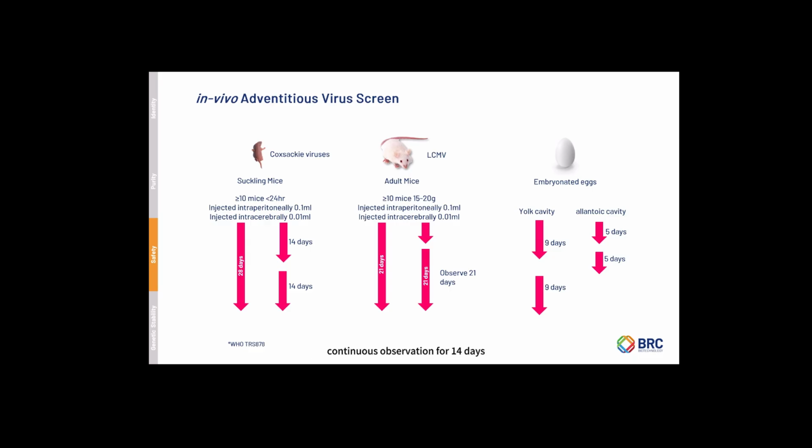Continuous observation for 14 days. For adult mice, the test articles are injected into 10 adult mice with continuous observation for 21 days. For embryonated eggs, the test articles are injected into the yolk sac cavity and allantoic cavity.